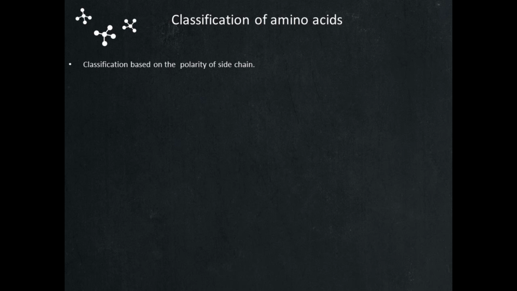On the basis of polarity, which means distribution of electrons such that it allows the amino acid to interact with water molecules, we can classify the amino acids into three types, which are non-polar, which cannot interact with water, and these include glycine, alanine, valine, leucine, isoleucine, proline, methionine, tryptophan, and phenylalanine, as represented here by their three-letter code.